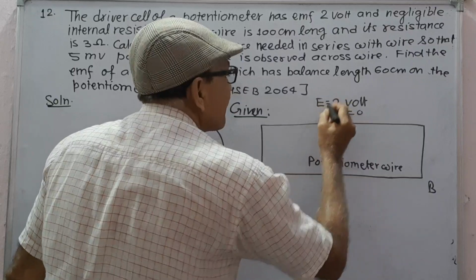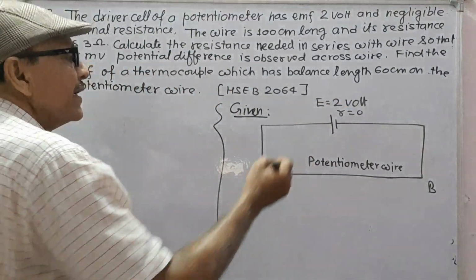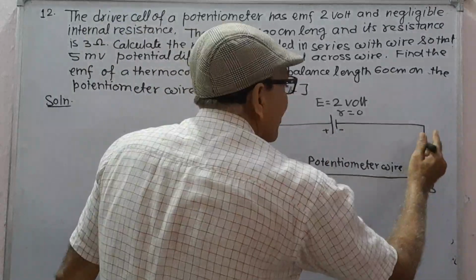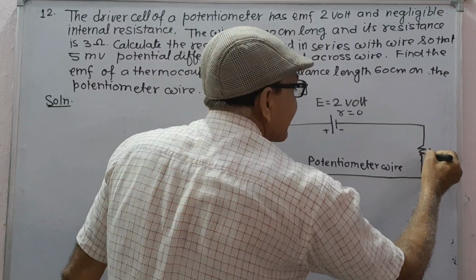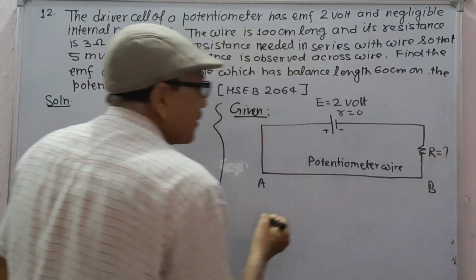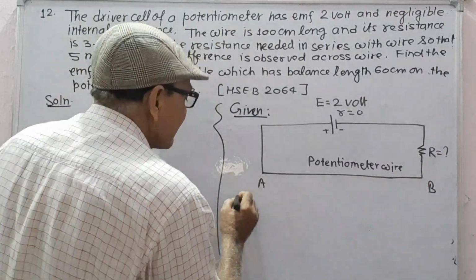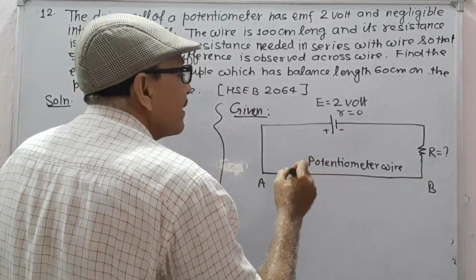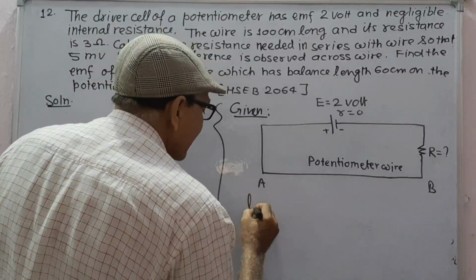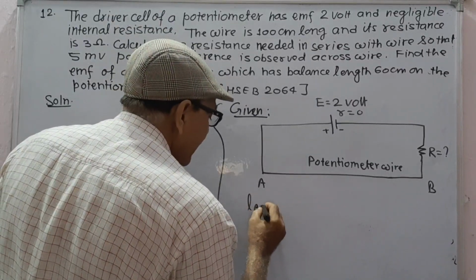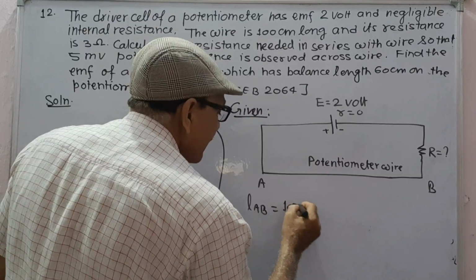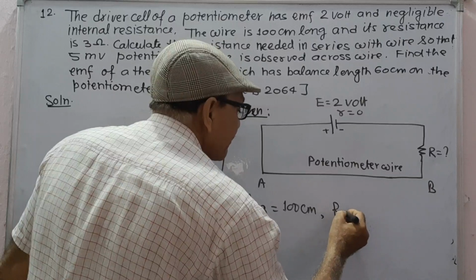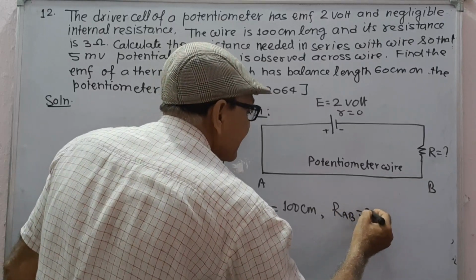Suppose this is E, applied across the wire. What resistance should be applied in series? First, length of wire, L of wire is 100 cm, resistance of wire is 3 ohm.